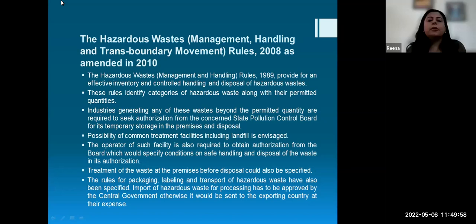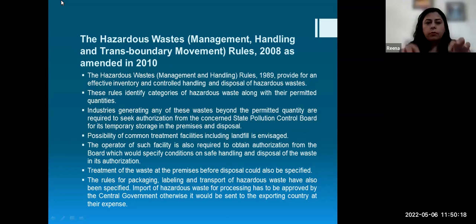So a common treatment facility for all these kinds of waste was envisaged, and states started introducing technologies, and investors who can install common effluent treatment plants and common hazardous waste treatment plants were introduced.